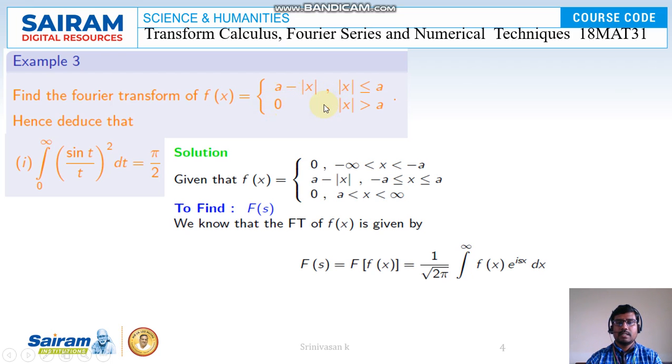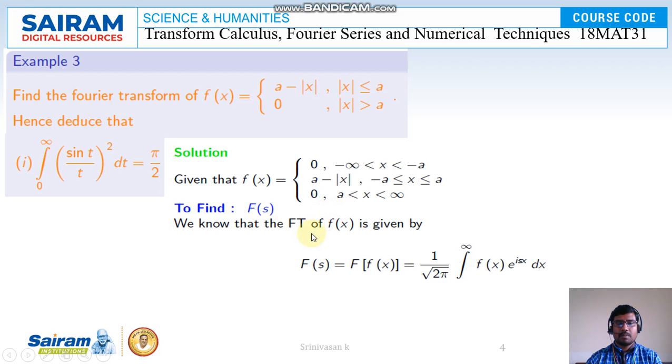So the full interval is minus infinity to plus infinity. I split it into three parts: minus infinity to minus a, minus a to plus a, and a to infinity. In minus a to plus a we get the function a minus modulus x. In the remaining intervals, the function is 0.